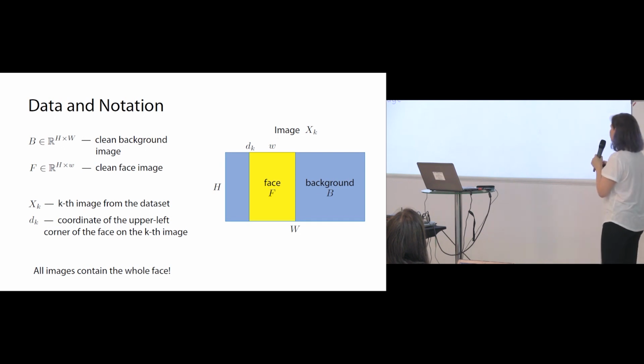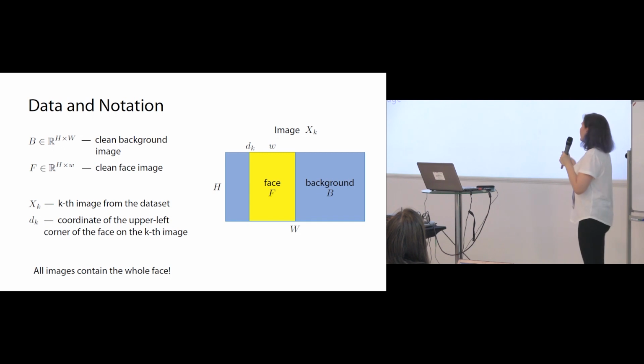Also, all images contain the whole face, so d_k is less than W big minus W small plus 1, I think. And this is the noiseless image, and we have some Gaussian noise with zero mean and variance sigma squared. Okay?